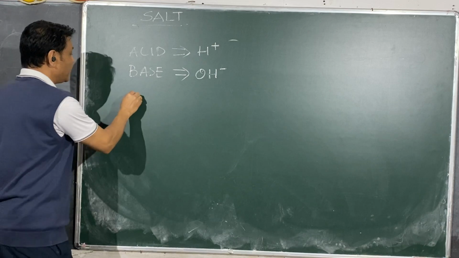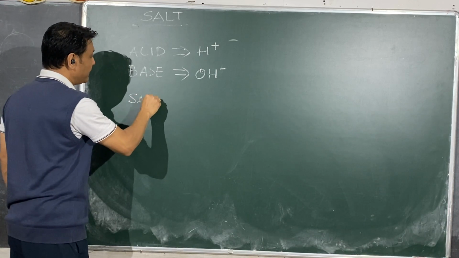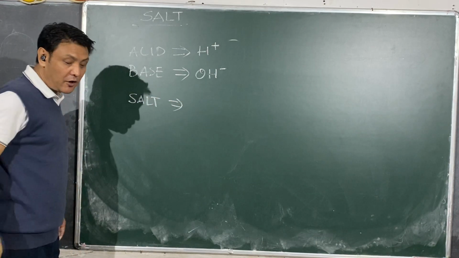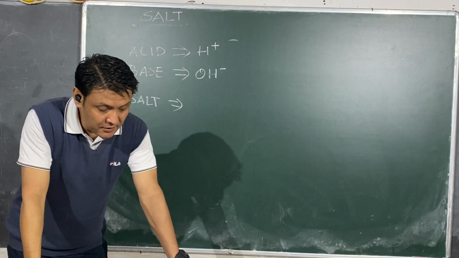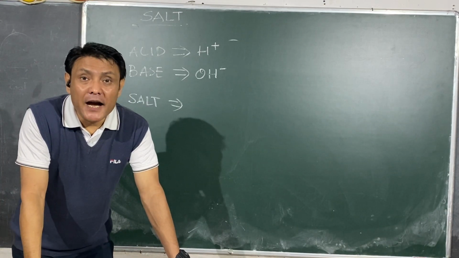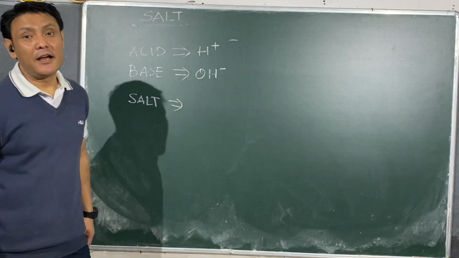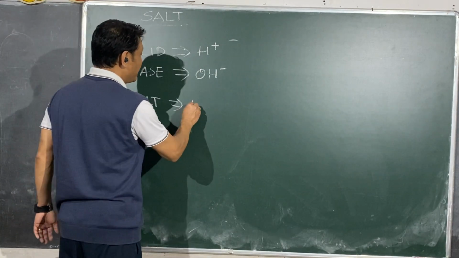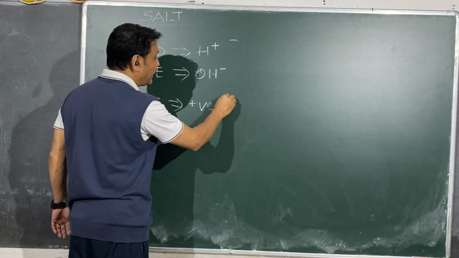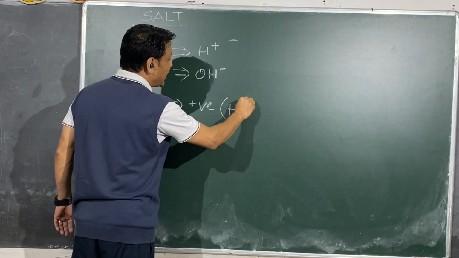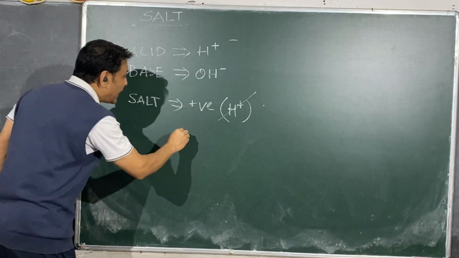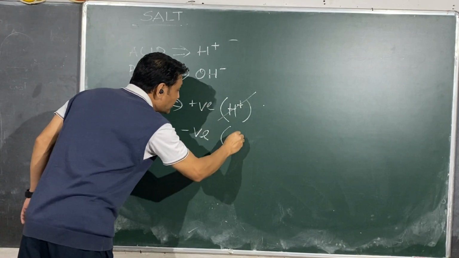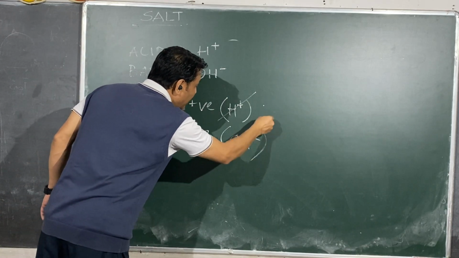And now what is a salt? Similarly, a salt is an ionic compound which yields positive ions other than hydrogen ion. It will produce any positive ion but not hydrogen ion, and any negative ion but not hydroxyl ion.